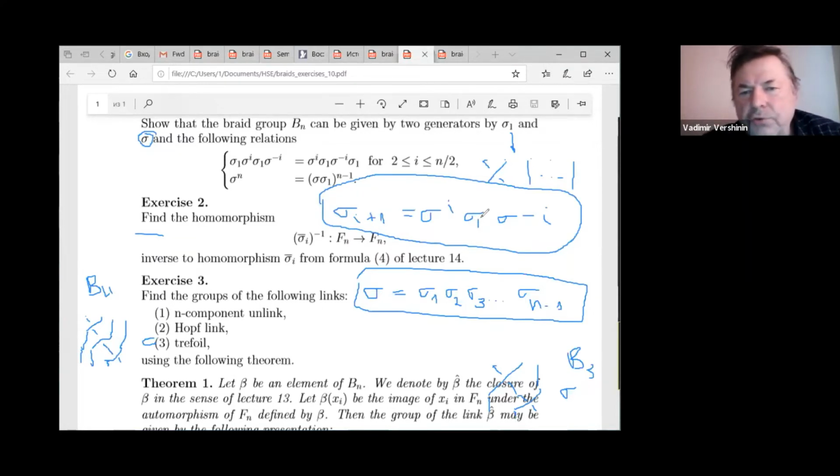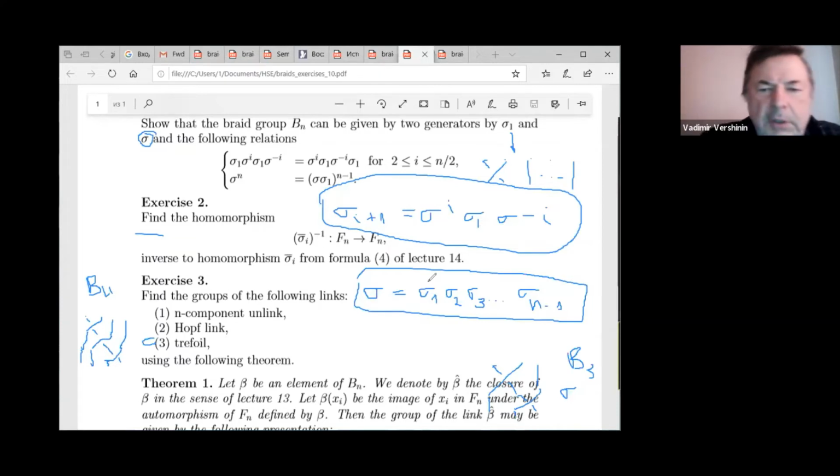Of course they are conjugate to sigma 1, so they are conjugate between each other. All the generators, for all i from 1 to n minus 2, are expressed by this formula.